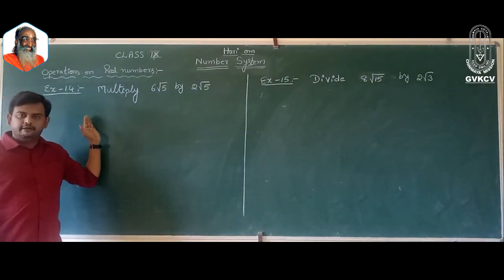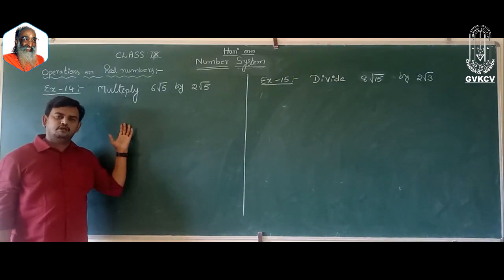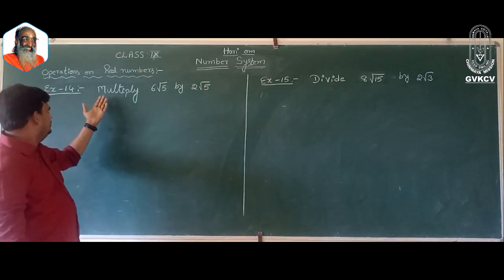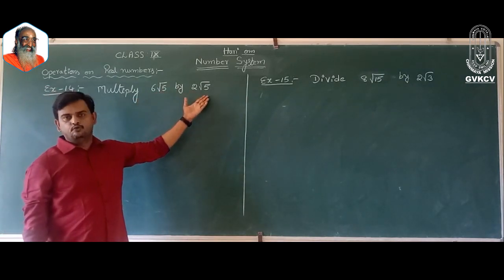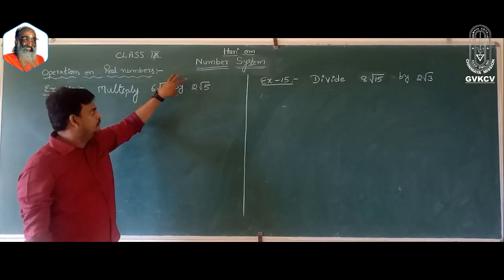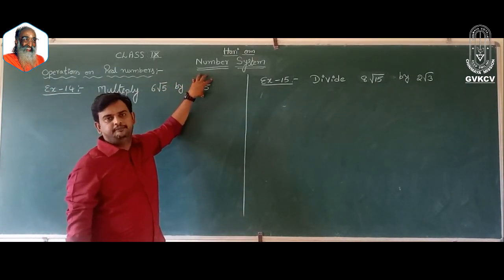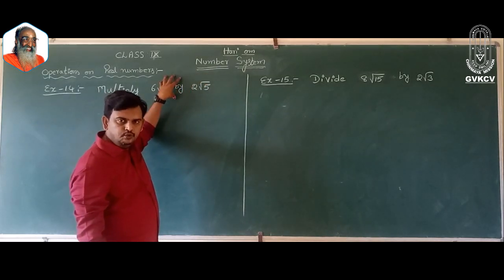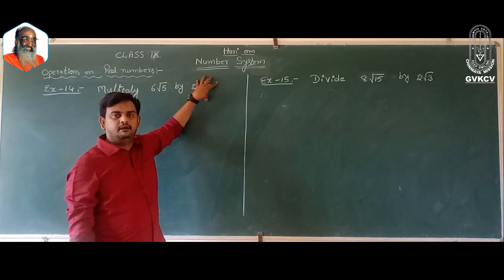Now here we have example number 14 and example number 15. Example number 14 is to multiply 6 root 5 by 2 root 5. Root 5 is an irrational number. 2 root 5 is also an irrational number. When we multiply these two irrational numbers, what happens?